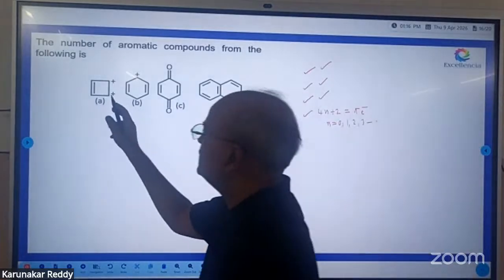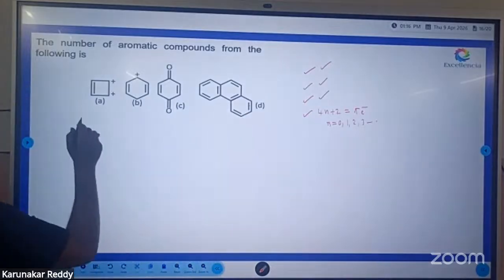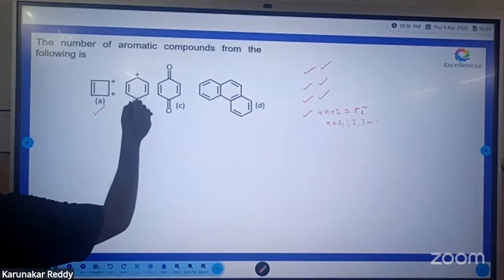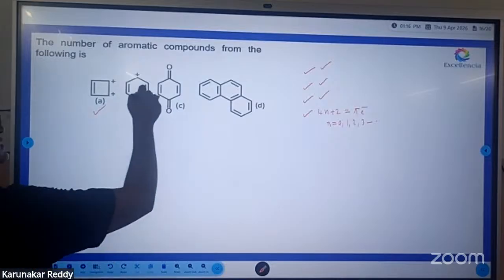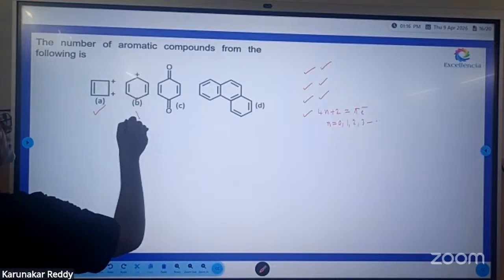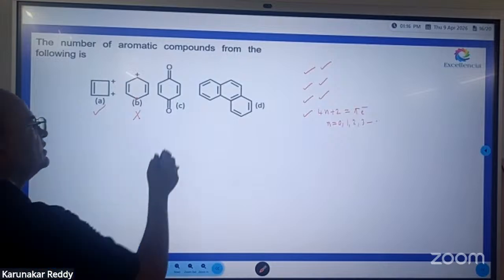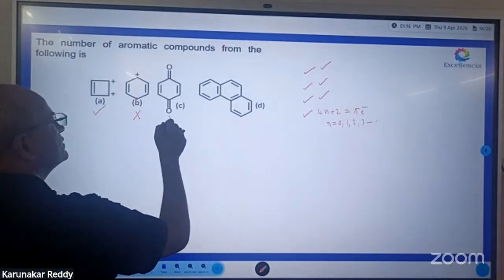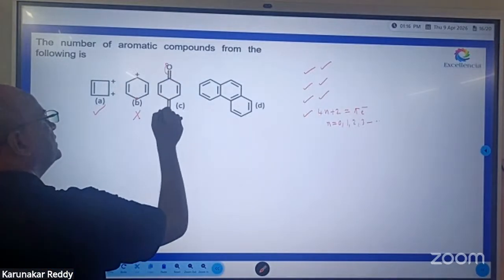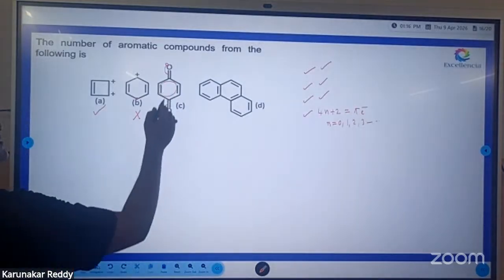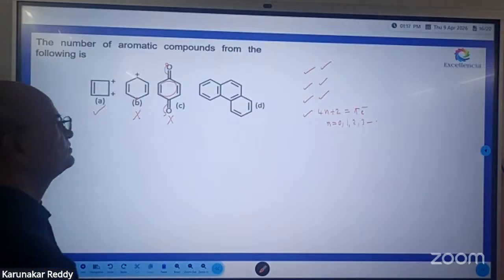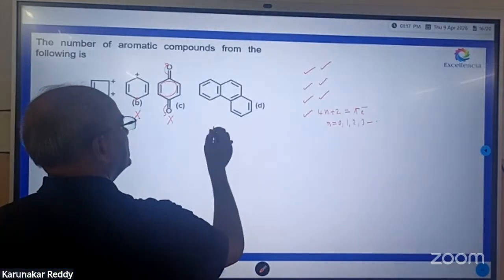The first one satisfies that, so it's aromatic in nature. But this carbon is not having delocalization, which means there is no conjugation between this. It is non-aromatic. Here also it is not there because these electrons will be here itself. No delocalization of these pi electrons, so it's not an aromatic compound. But this is an aromatic compound.